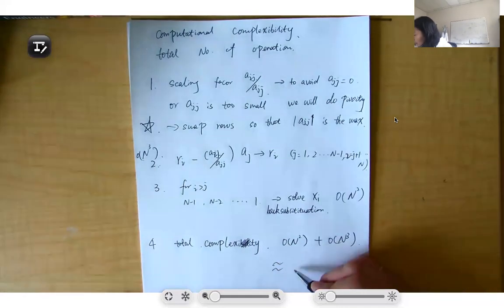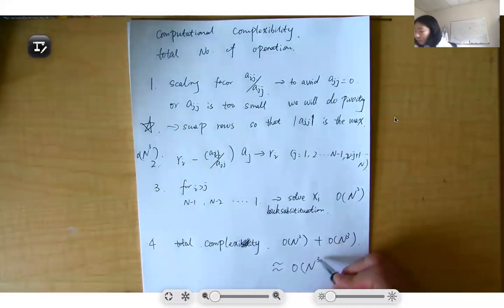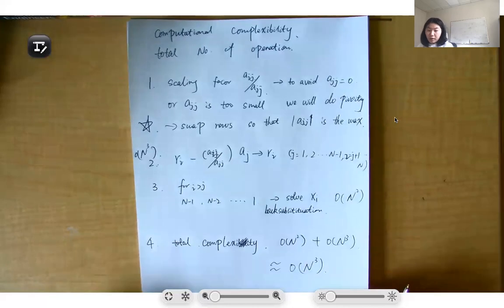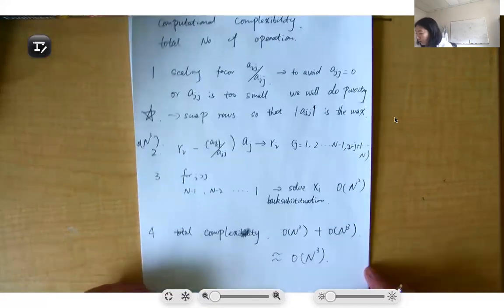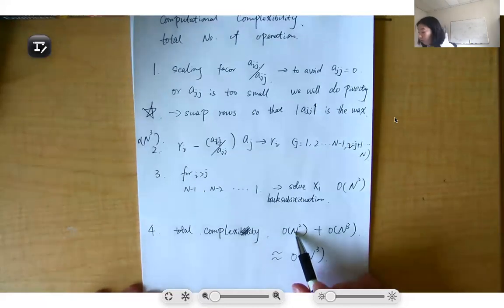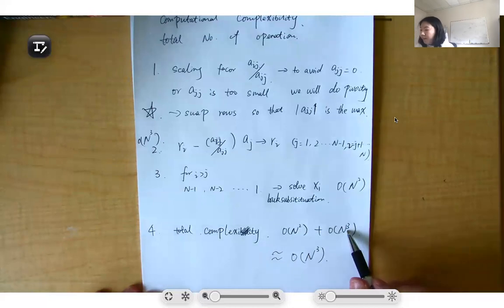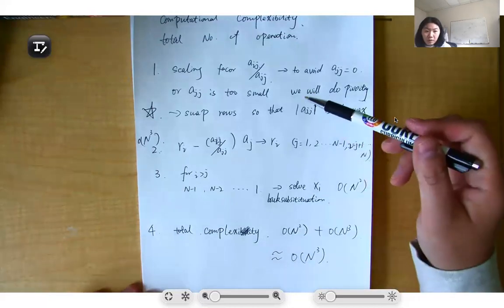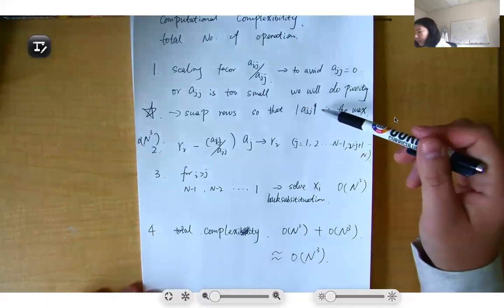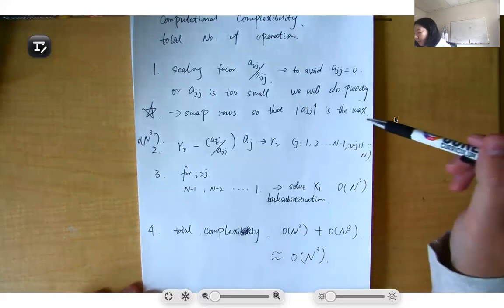This is approximately n to the third, because when the dimension n is very large, n to the second is much smaller compared to n to the third. Here we haven't counted the pivoting, as we already assume that Ajj is the maximum.